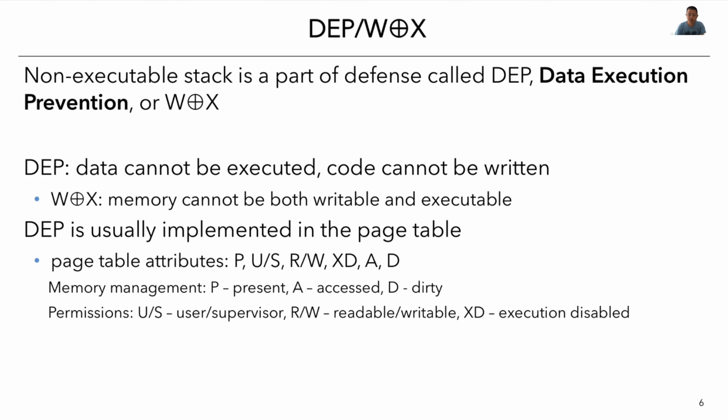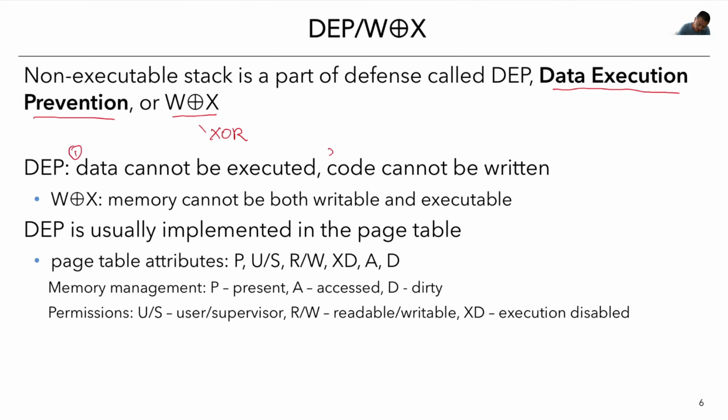So the non-executable stack is a part of a defense called DEP, or data execution prevention. It's also called W XOR X. So the DEP basically says two things. First, data cannot be executed.